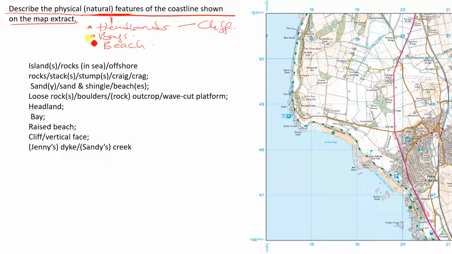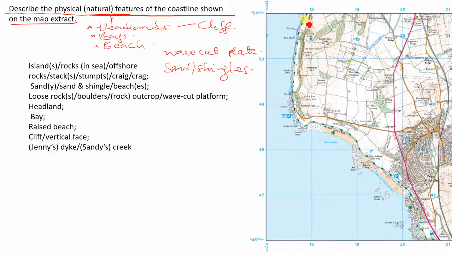You can have things like the wave cut platform, along the coast where you have sand and shingles. As long as there are beaches, you can get that. So basically, these are the features of a coast.